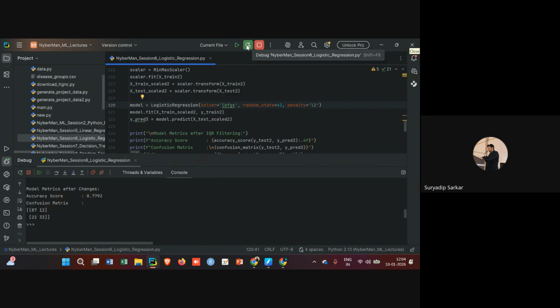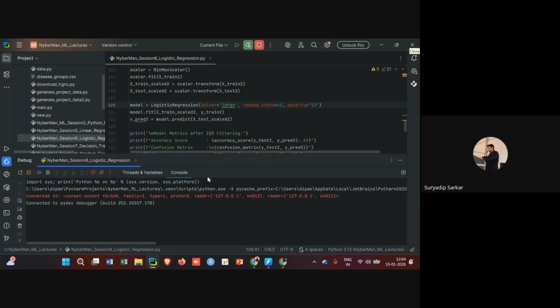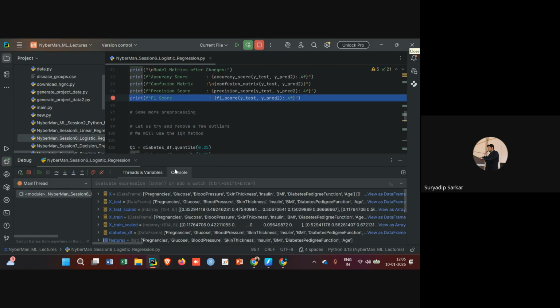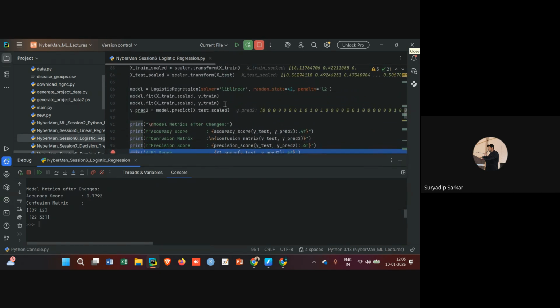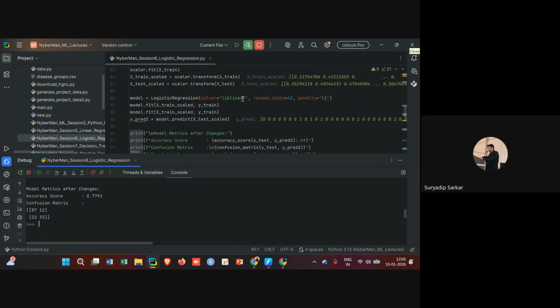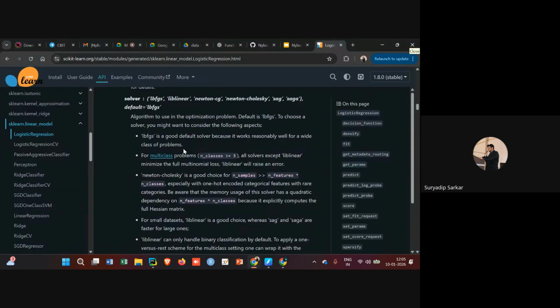So if I do a rerun of this, let's see what that gets us. Okay, 0.7792, not too much of a difference. So the solver is not really making too much of a difference. Okay, liblinear or LBFGS. For the sake of it, let's try one more.